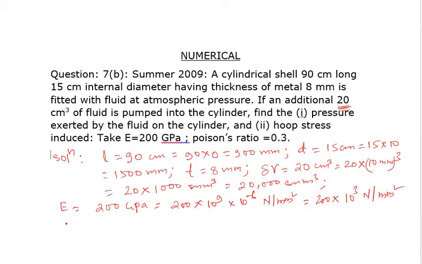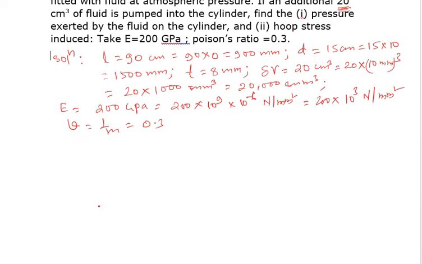And Poisson's ratio mu, or 1 by m, is equal to 0.3. That is also given in the question.